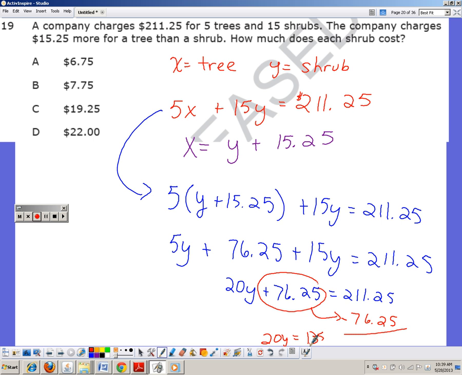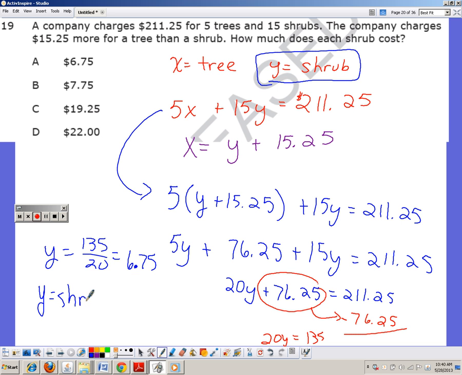To find out, y equals 135 divided by 20, which gives us 6.75. Since y is our shrub, that means our shrub is $6.75.